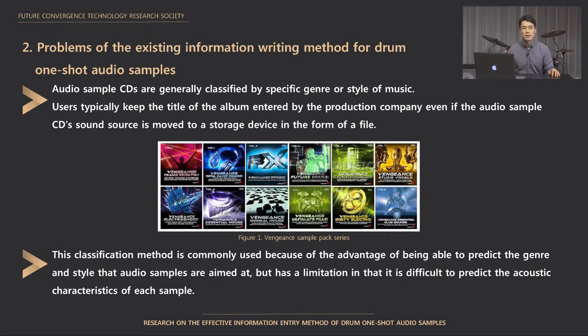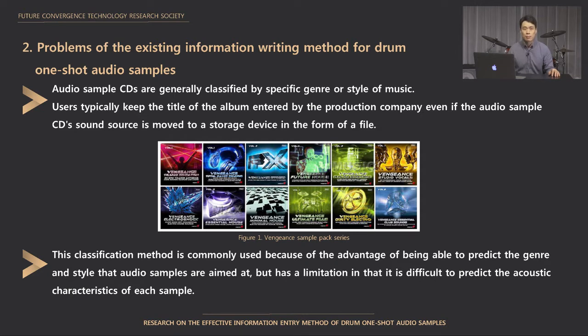Audio sample CDs are generally classified by a specific genre or style of music. The production company selects a specific genre and style that can be commercialized, then produces and releases audio samples corresponding to them. And users listen to an audio sample CD corresponding to the music they want to make and then select a specific sample.